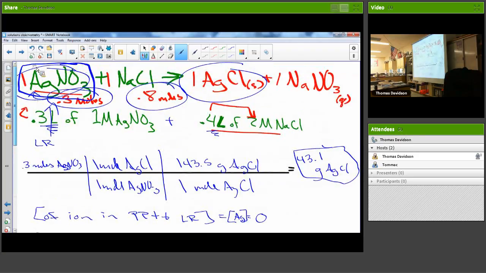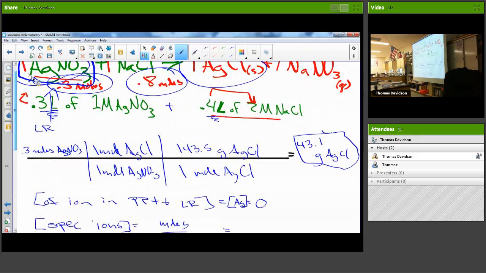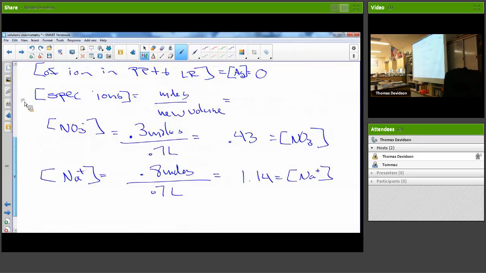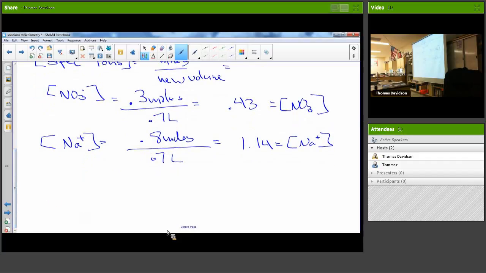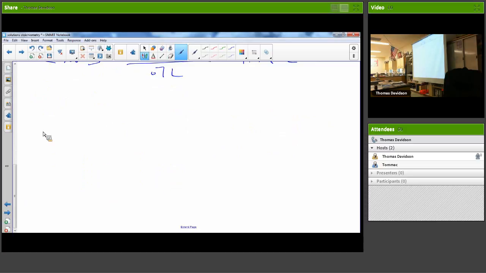All right, so what thing is in the precipitate and in the excess? So we're talking chlorine now, right? Or chloride. Oh my gosh, whatever. Cl minus is in the precipitate and excess.